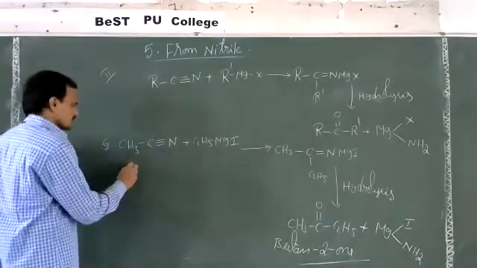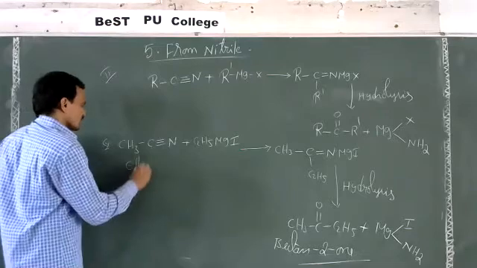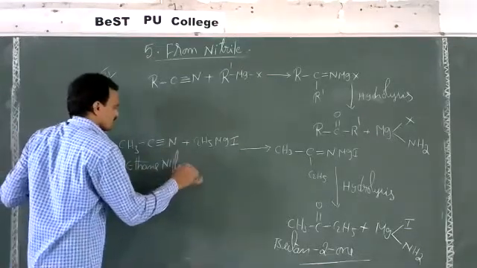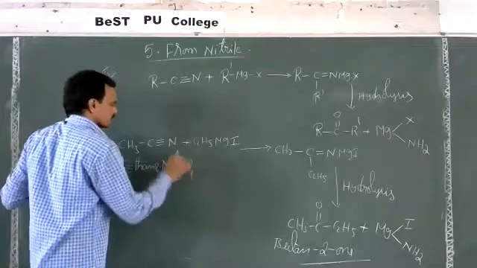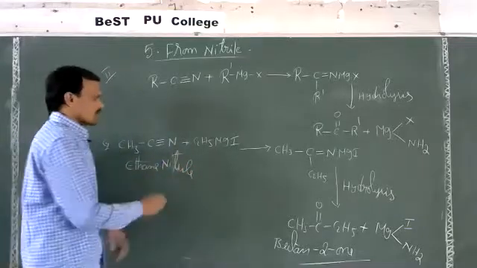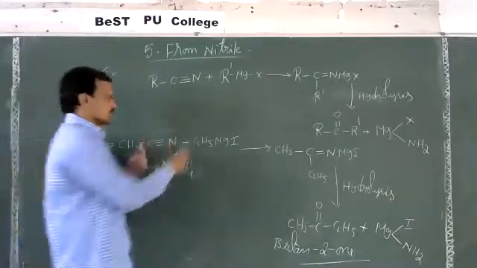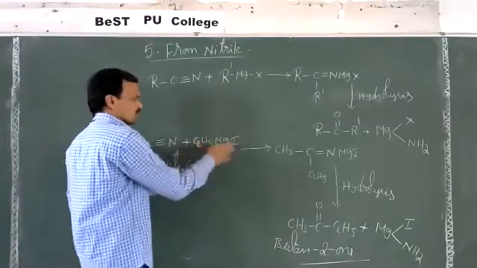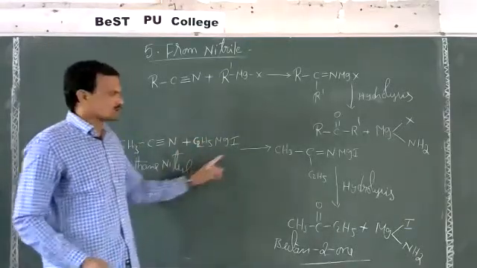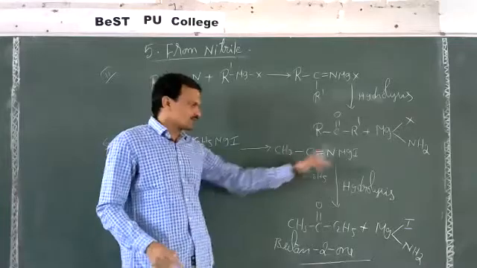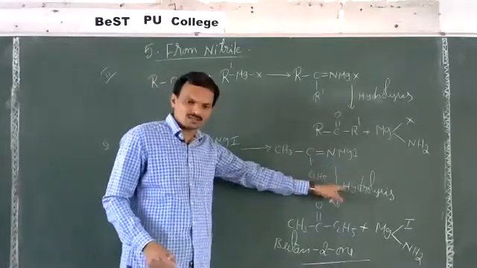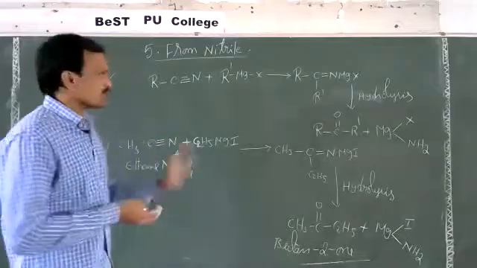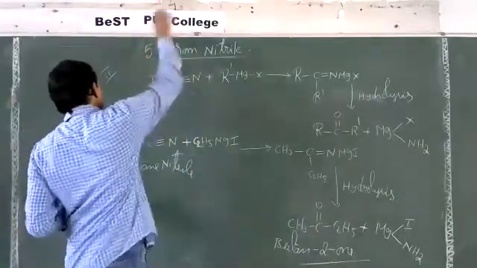This is ethane nitrile, or methyl cyanide, which on reaction with ethyl magnesium iodide, C2H5MgI, gives an addition compound, and this addition compound on hydrolysis gives ketone. So this is regarding preparation of aldehydes and ketones from nitriles.